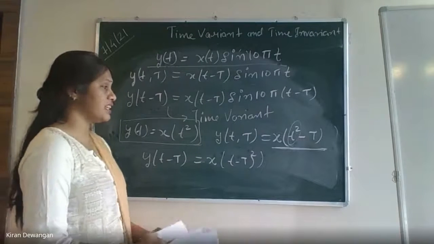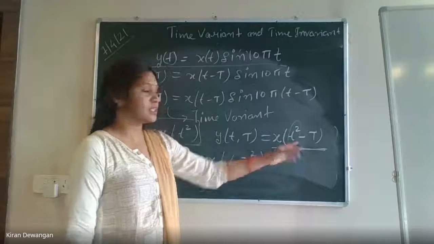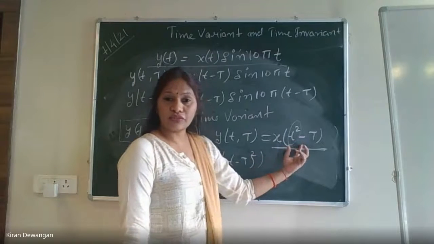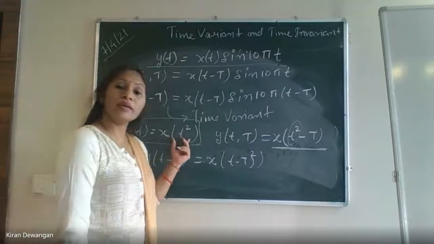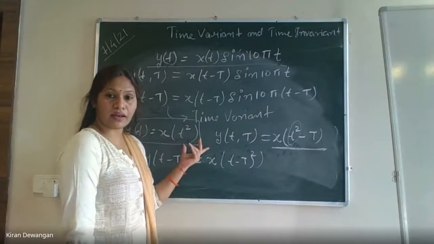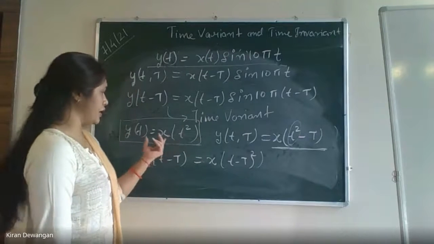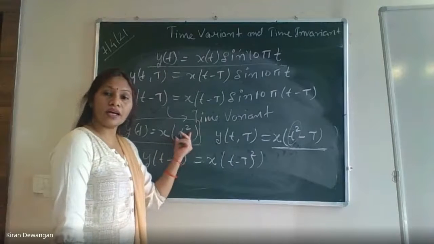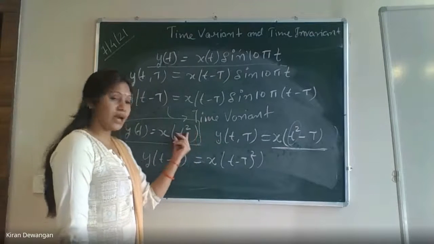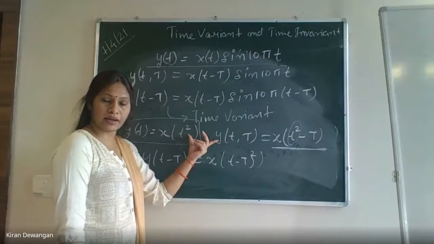You need to understand this particular concept, students, because it is t square. Don't get confused: y of t is given as x of t square, so for any value of t it takes the square. That's it. Now if we have to shift the input, we take x of t square minus T. The t square remains as it is, and we apply minus T to it. Clear?